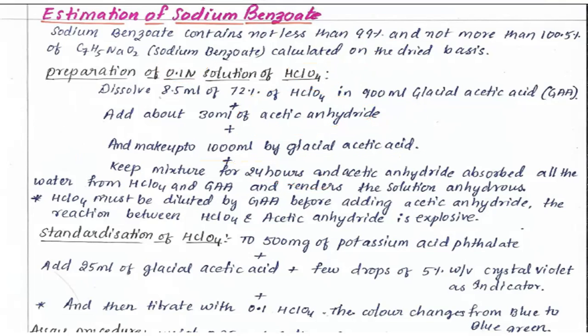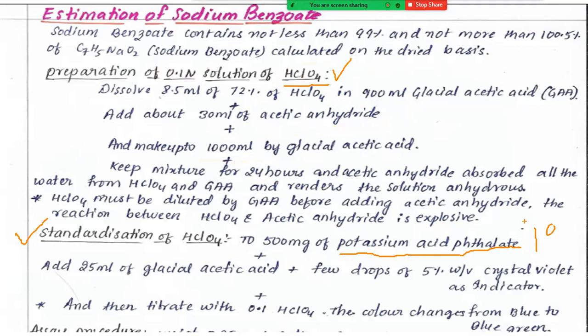So that's why the perchloric acid has to be standardized, and for that reason we need to go for the standardization procedure. Here we have to use potassium acid phthalate, which is a primary standard, to standardize perchloric acid. Why? Because perchloric acid is a secondary standard solution and potassium acid phthalate is a primary standard solution.